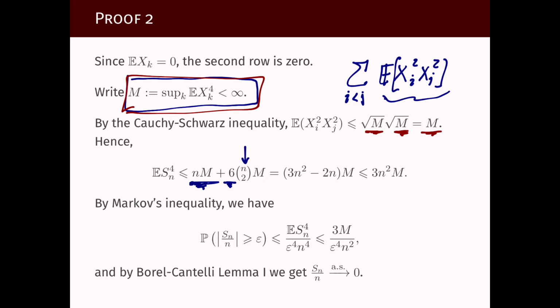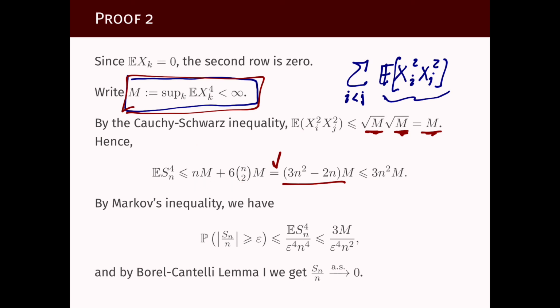So let's just expand. What is n choose 2? N choose 2 times 6 will be 3n squared minus 3n. Here we have to add back n, so we get minus 2n. So these two expressions here, they are equal.